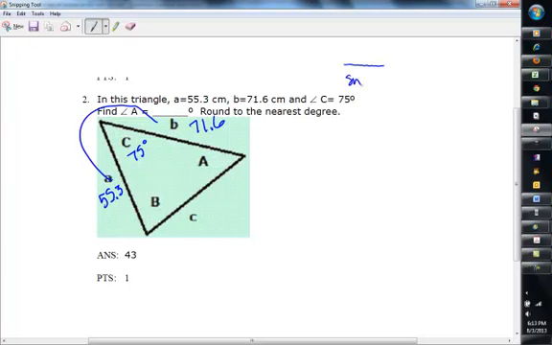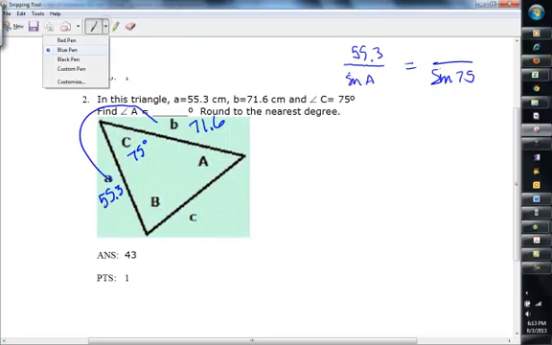So over sine A, 55.3 over sine 75. This is what we're going to use later on, but first we're going to have to find out what side C is.